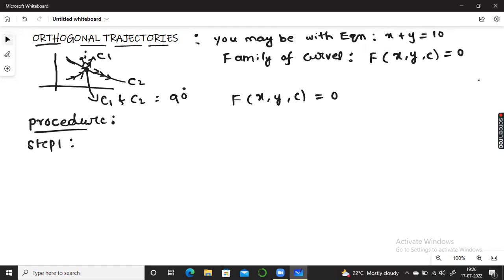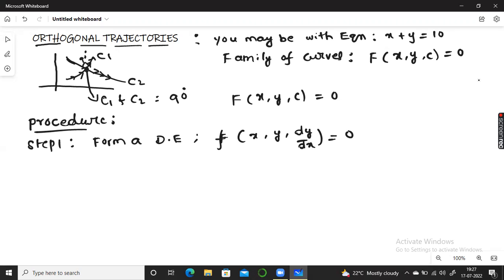In the first step, you have to form a differential equation in the form f of x comma y comma dy by dx is equal to 0. It means your equation should have x terms, y terms, and dy by dx terms only.